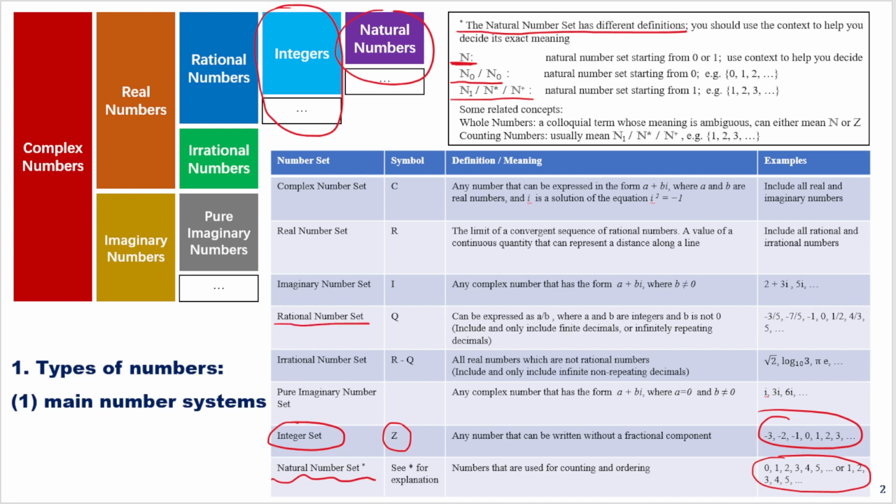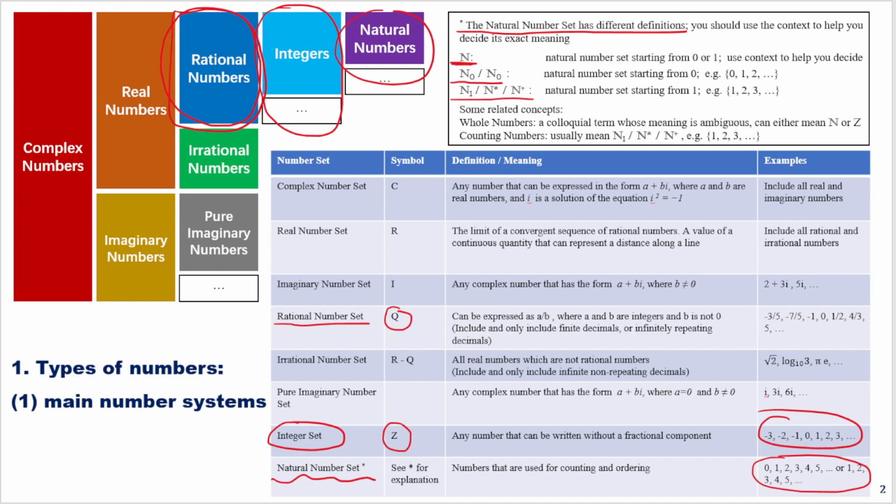The rational number set is usually denoted by the letter Q, and its numbers can be expressed as a fraction a over b, where a and b are both integers and b is not 0, because we cannot use 0 as a denominator, right? And as you can see here, the rational number set is larger than the integer set.